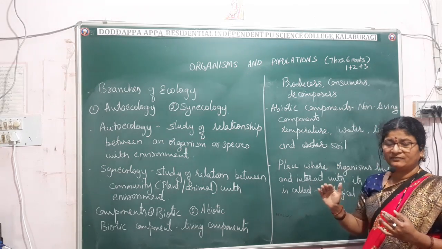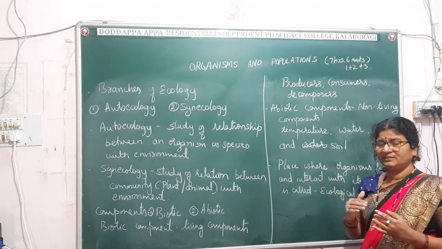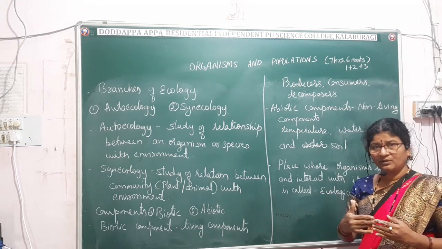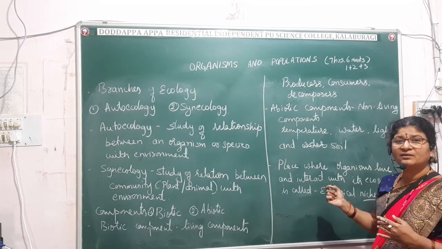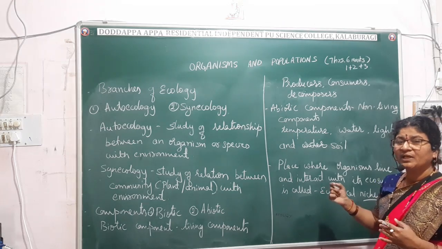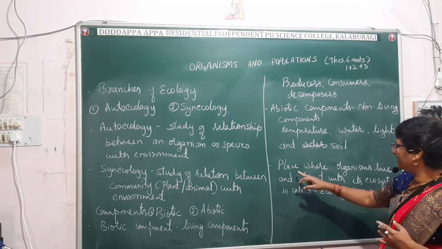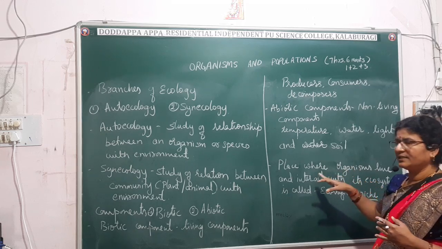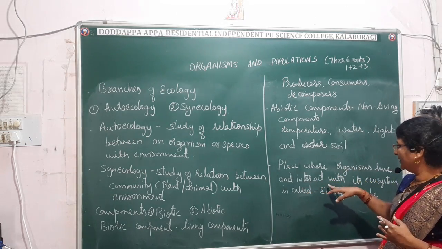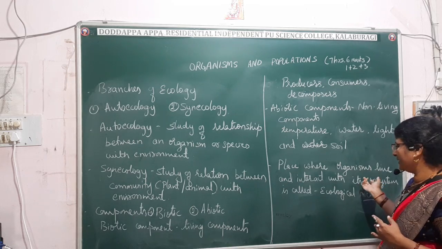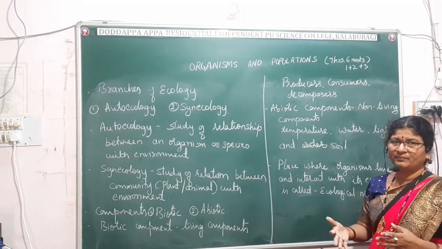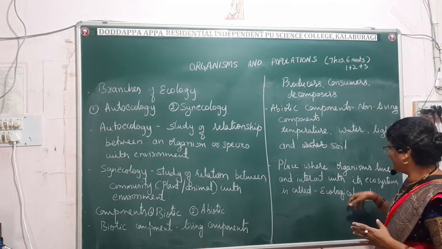The place where the organism lives, interacting with its environment, is called its ecological habitat or ecological niche. So the ecological niche is the place where organisms live and interact with the ecosystem, or you can say with its environment.